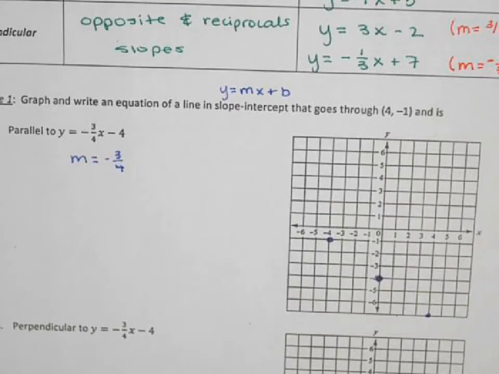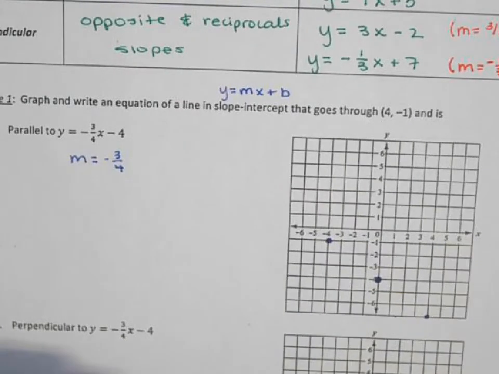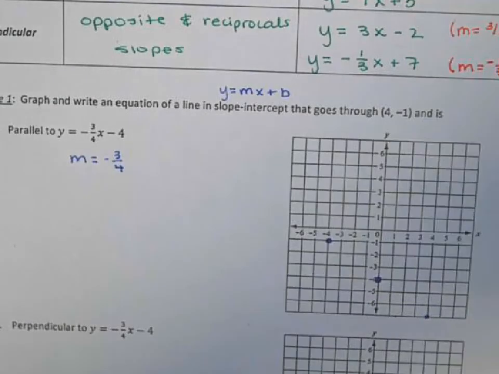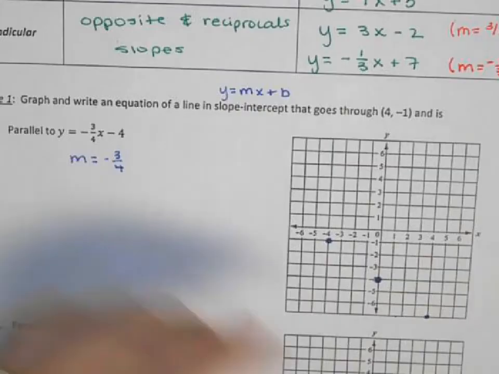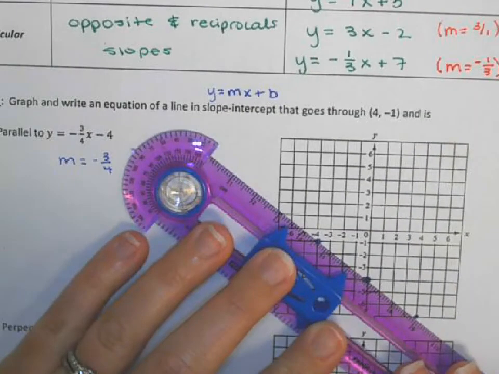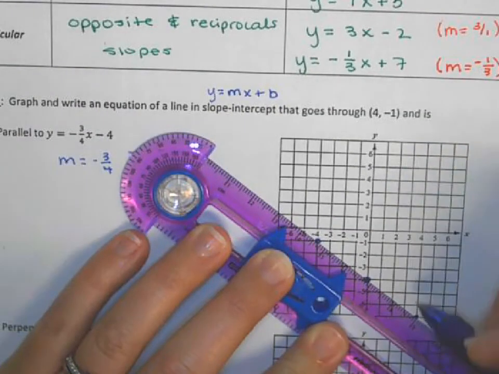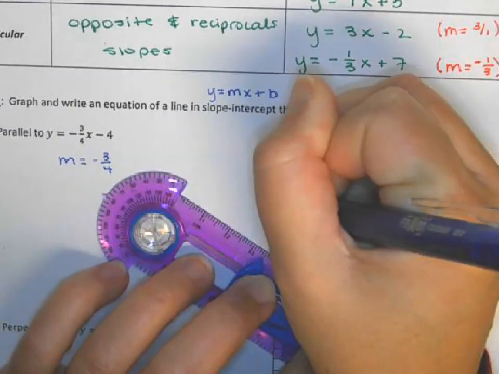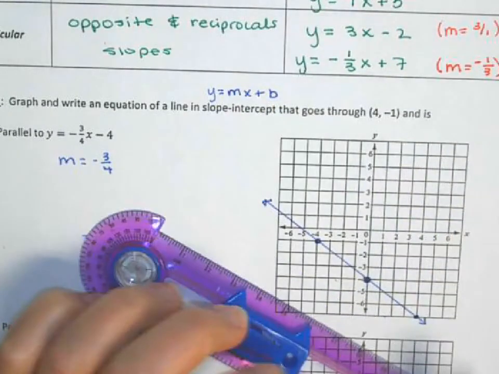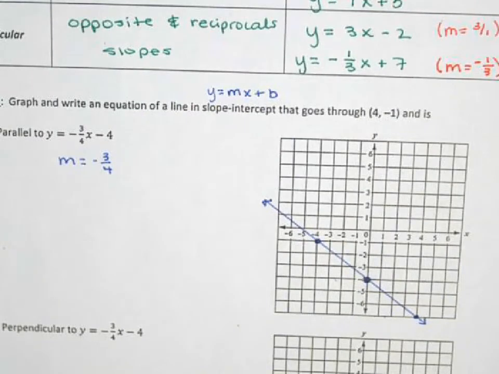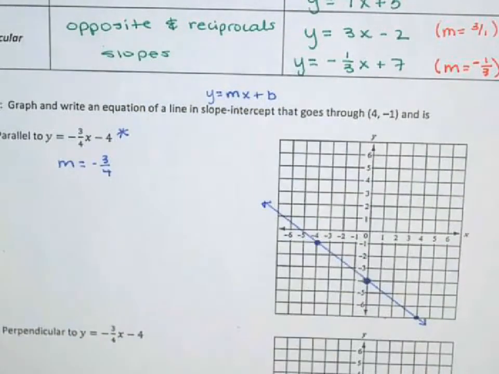That one's off the graph. And then I'm going to use a straight edge to connect all those points. So that is this line here.